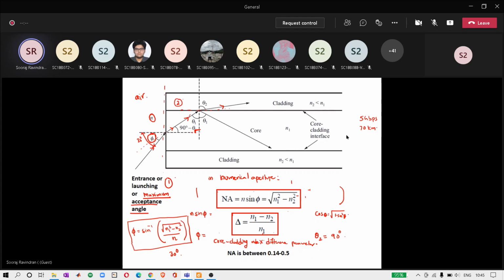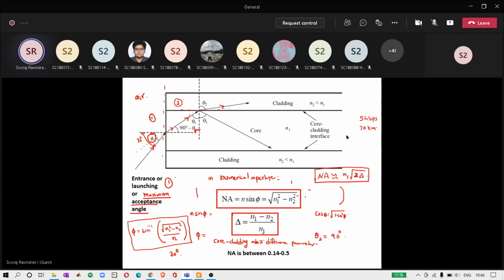So if delta is defined as n1 minus n2 by n1, and if numerical aperture is defined as root of n1 square minus n2 square, then using some simple algebra you can show that the numerical aperture can be approximated as n1 into root of 2 delta.